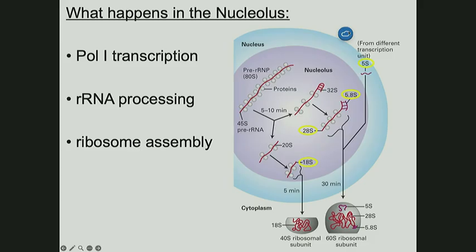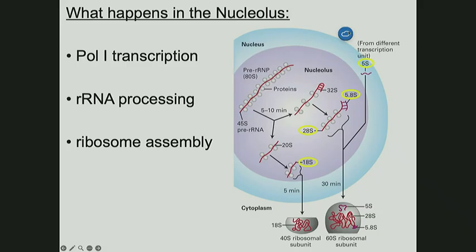So here, this big blue, this is the nucleus, and within the nucleus, there will be a subcompartment known as the nucleolus. It's not membrane bound, it's not really separate from the nucleus, but it's really a concentrated center where RNA polymerase I will transcribe that pre-ribosomal long rRNA, and that's where the RNA processing machinery will be to chop that long pre-ribosomal RNA into each of the mature 18S, 28S, and 5.8S.